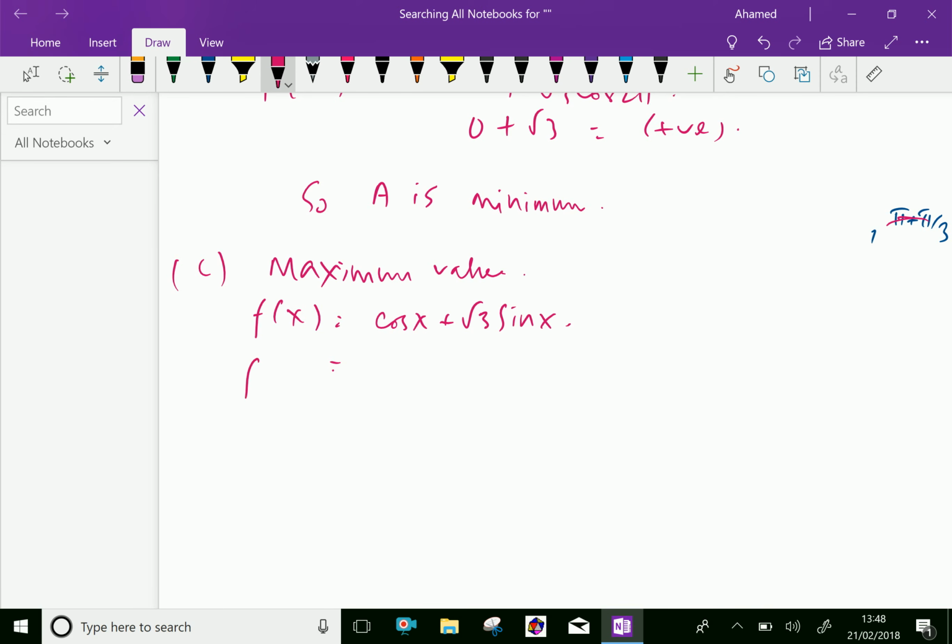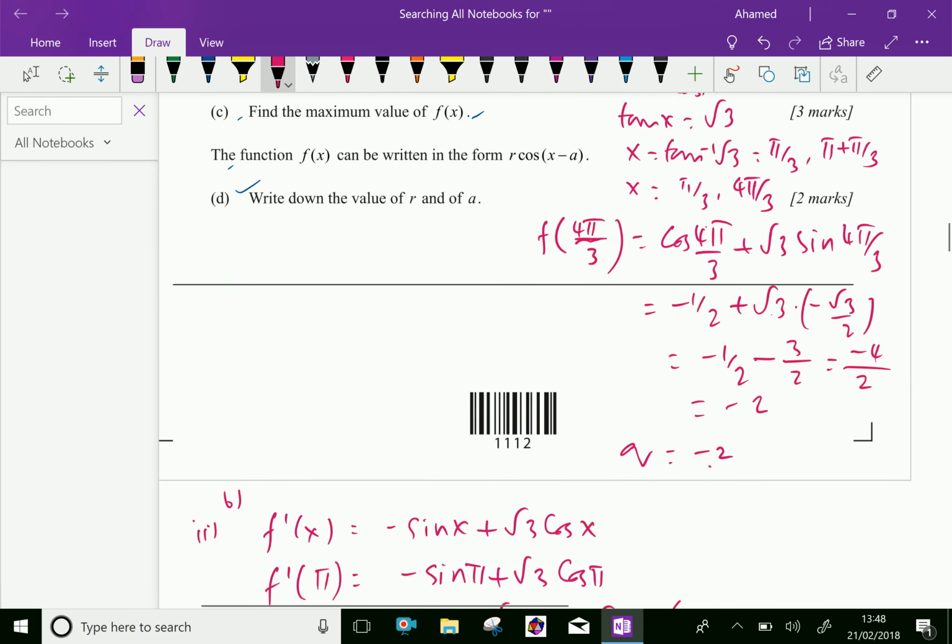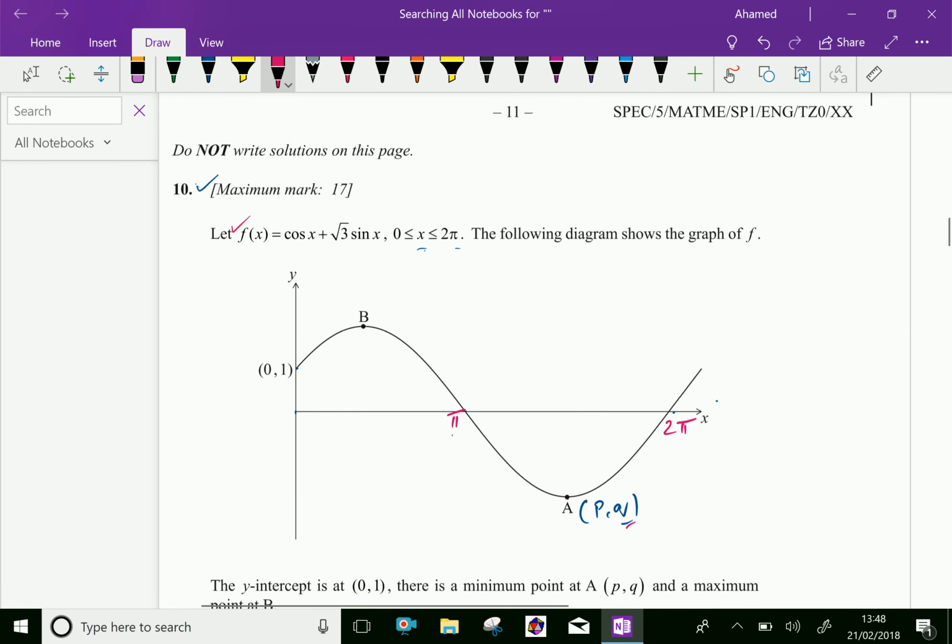Here the maximum value of the graph is at the point B, where x is π/3.